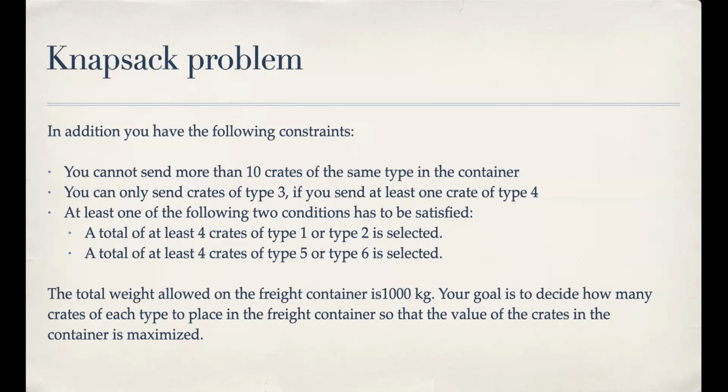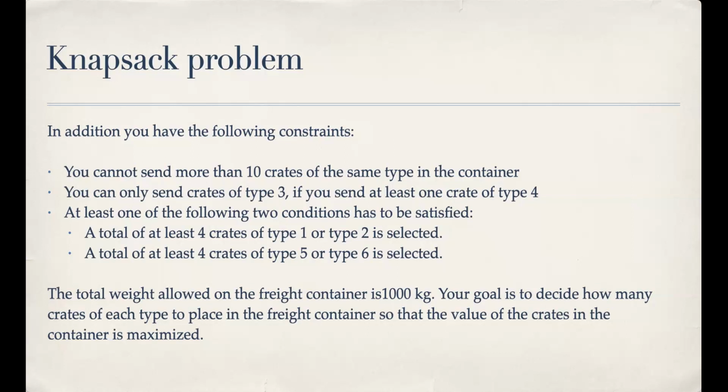So we need 4 crates of type 1 or type 2, or we need 4 crates of type 5 or type 6. Either of these conditions will satisfy this constraint.